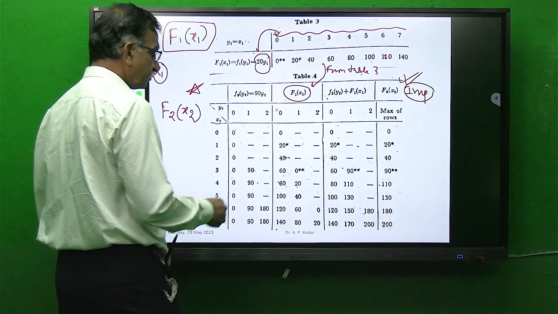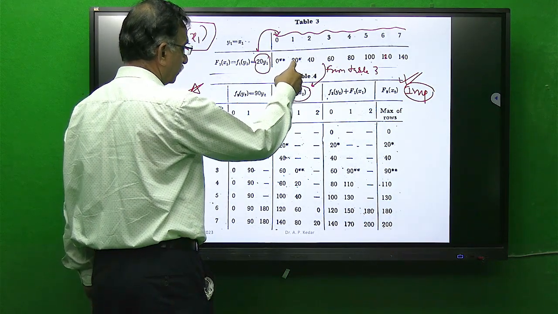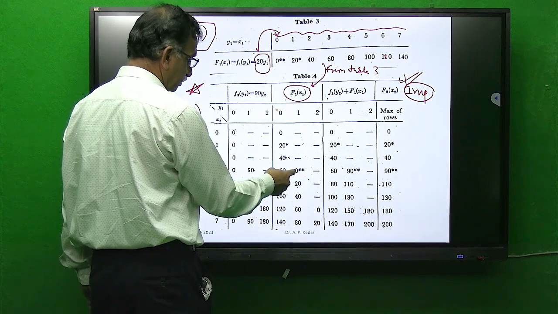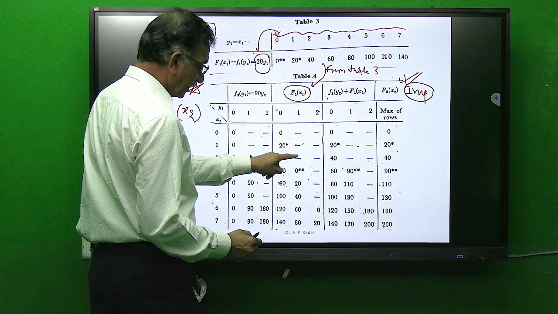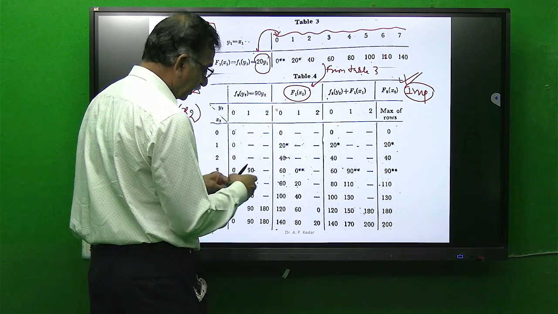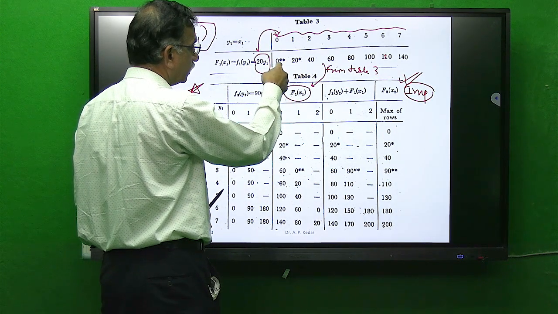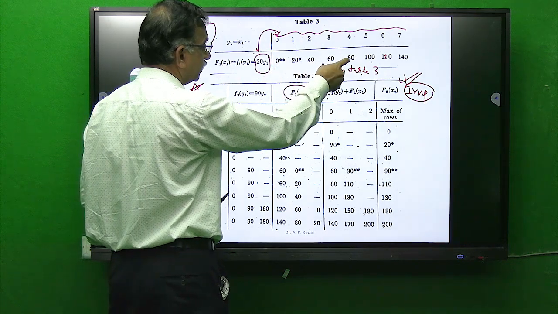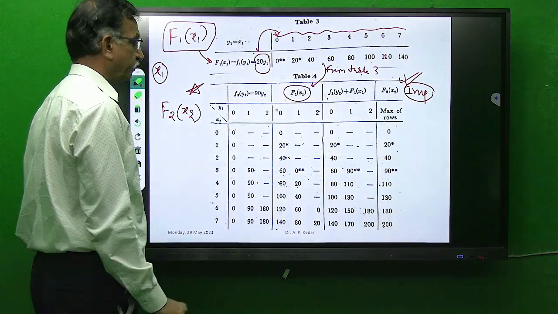If for x1 we put 1, the value starts from this point, so we are putting values in place of dash, and we are rewriting the values of the previous solution which we got as 0, 20, 40, 60 from this f1 of x1.